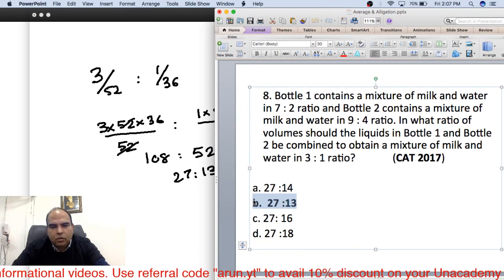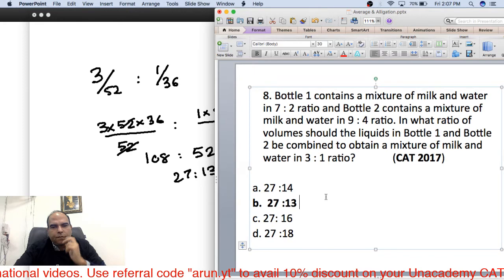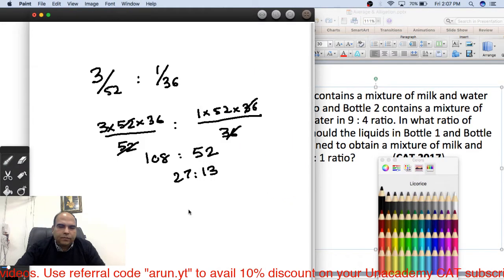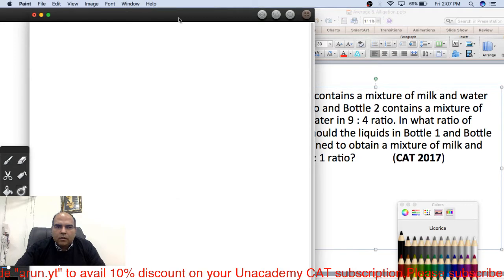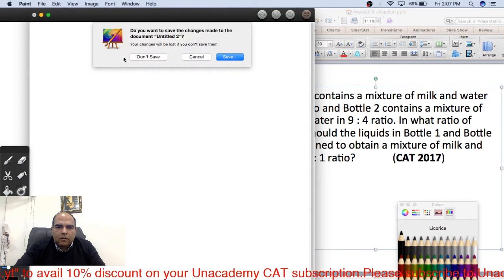So this was one of the ways in which you could solve this question. एक और रास्ता इसको करने का, और वो है, I hope that's clear to all of you.